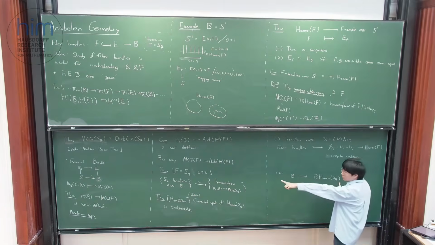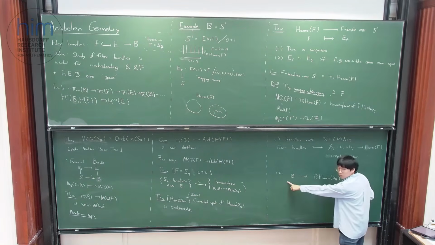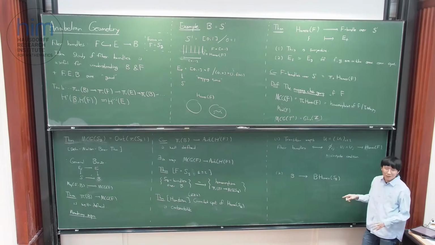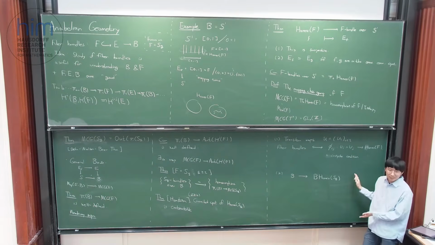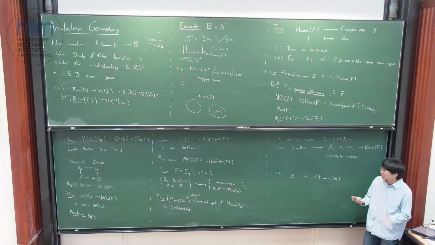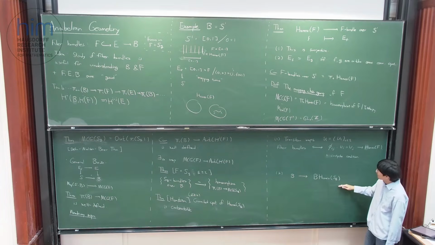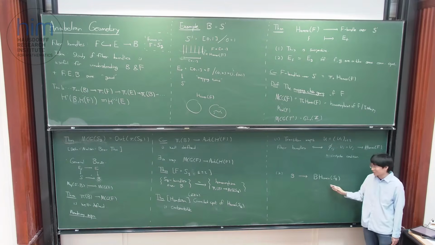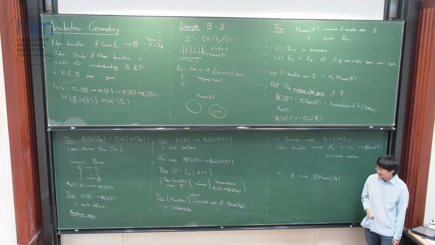Then S_g bundles over B are classified by the homotopy class of this map. If this is your first time seeing this, it might seem like a very strong theorem, and it is a strong theorem, but it is not very surprising because it is more or less a different way of presenting this, if you unpack the definition of the classifying space of the homeomorphism group.